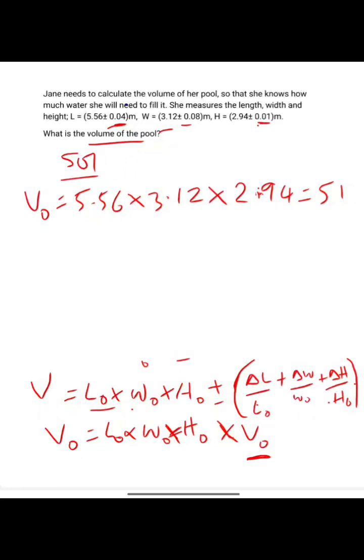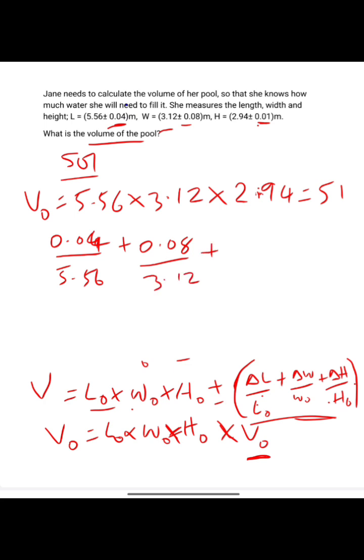The next thing is to solve the part in the bracket. I have the uncertainty in the length, which is 0.04. I divide 0.04 by the measured value of the length, which is 5.56. Plus the uncertainty in the width, which is 0.08, divided by the measured value of the width, which is 3.12.